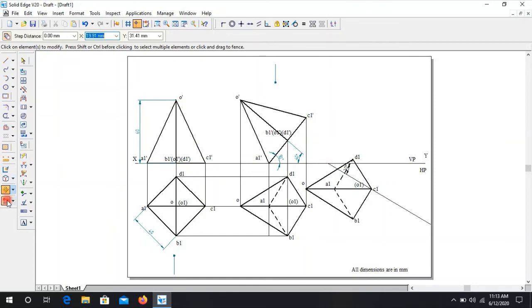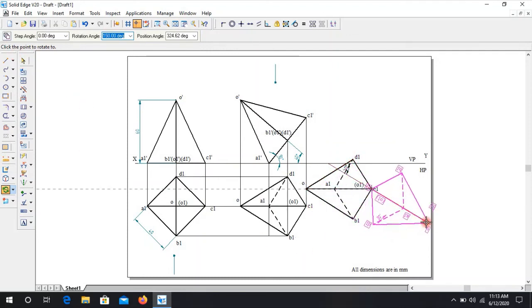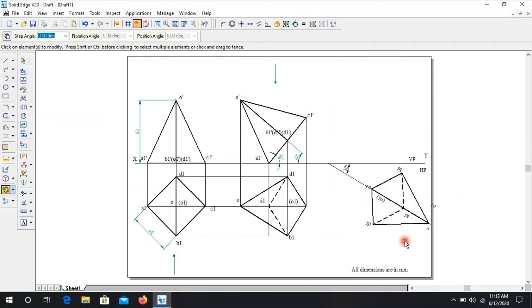Now we have to rotate this object. C1 is fixed. We have to rotate O and place it on 30 degree line.